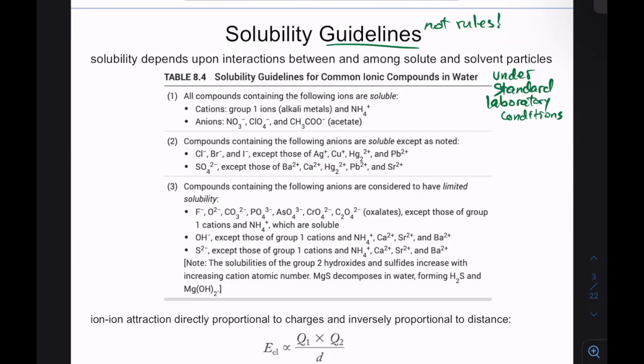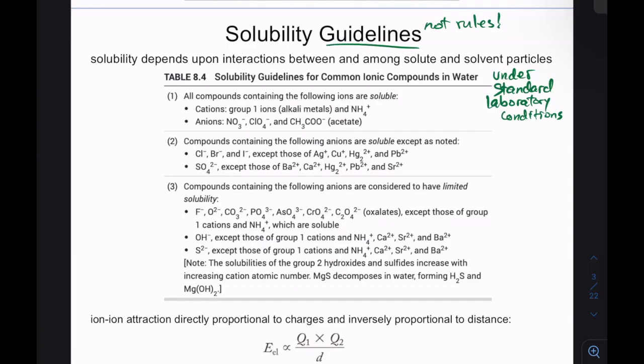All right, it's not too bad. What you would normally encounter if you go up to the Gen Chem labs and look at these materials, you will generally find that they will be soluble in water under these conditions.